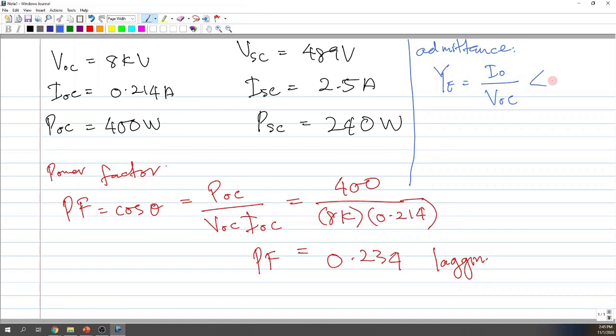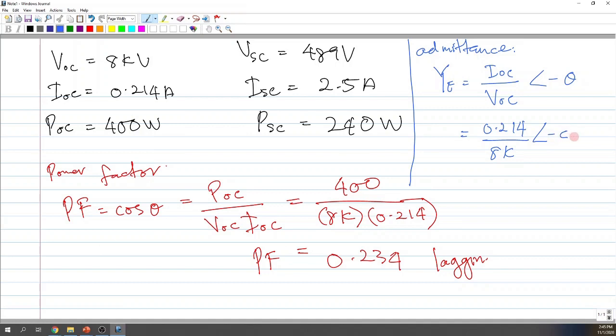Ni perlu ada sekali dengan angle dia lah, negative theta. So ni IOC. IOC berapa? IOC 0.124, divide by 8K. So at this part dia perlu cos theta dia.